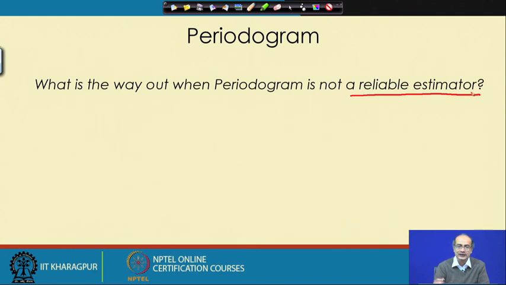Okay. And we gave you the example of white noise to test it out. Now, what is the way out? Can we throw away the periodogram and go back to the old classical definition of autocorrelation?